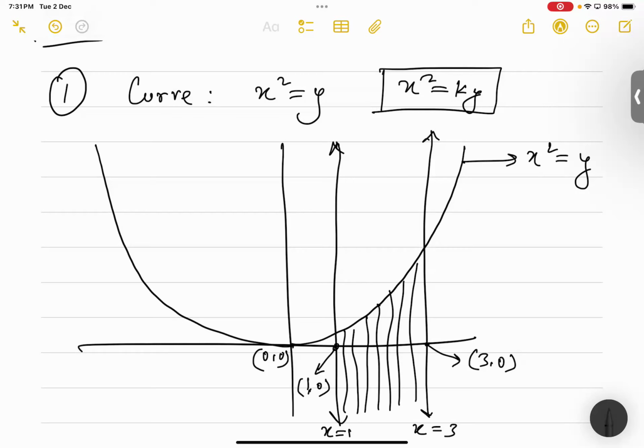Okay. But then there is one very important information given in the problem. The region is bounded by the x-axis also. So if we consider this entire region which I have shaded right now, it will go up to infinity. End में कुछ है ही नहीं, boundary नहीं, unbounded है ये, right?